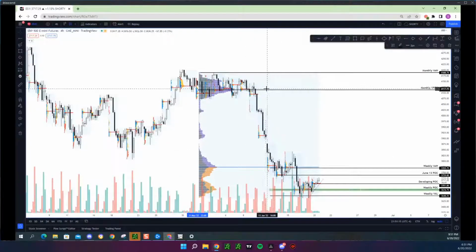So this here is pretty much a monthly VPOC. We never came back to retest it. So this becomes a very, very strong magnet for going up.